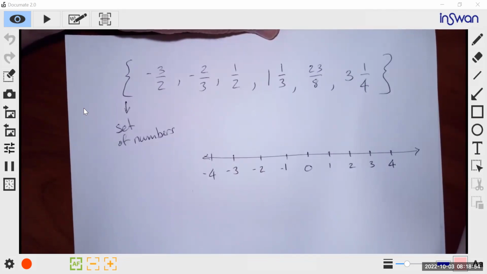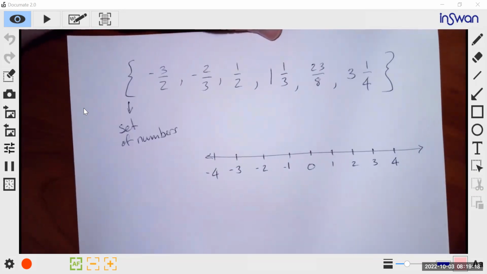Let's try two ways. Let's do it once without getting a common denominator, and then we'll get a common denominator and see if we're right. So what number is farthest to the left, you think?